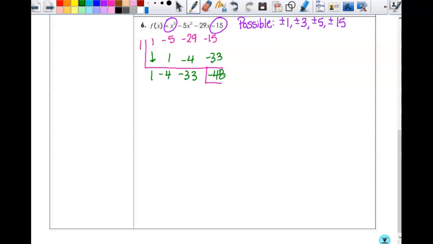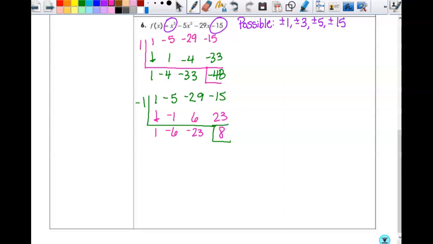So that's a big fat no on that 1. So then I try negative 1, using the same coefficients: 1, negative 5, negative 29, negative 15. 1, negative 6, 6, negative 23, 23, 8. So 1 and negative 1, big fat no.